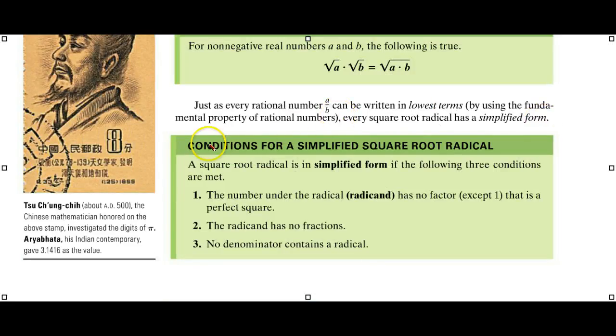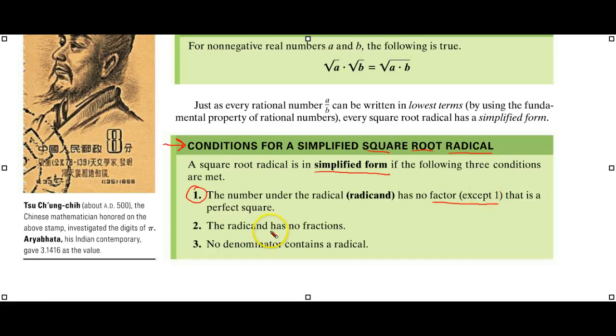Now there is again a definition, so to speak, of conditions for a simplified square root radical. To be in its simplified form, first, the number under the radical sign, that is the radicand, has no factors that are a perfect square.